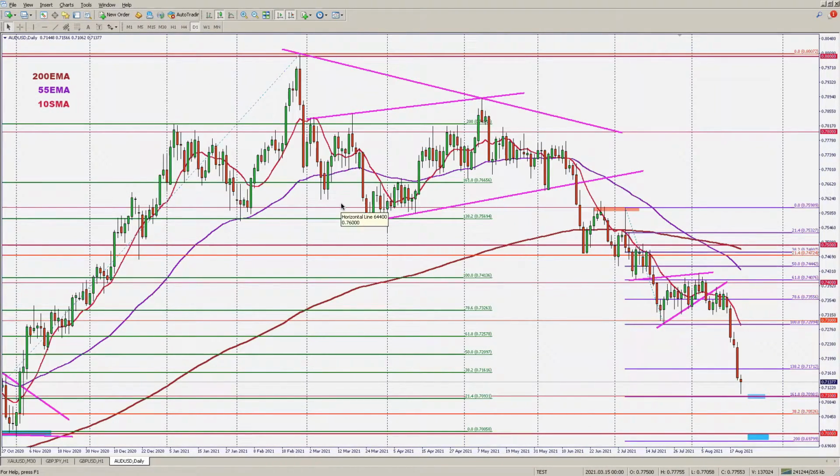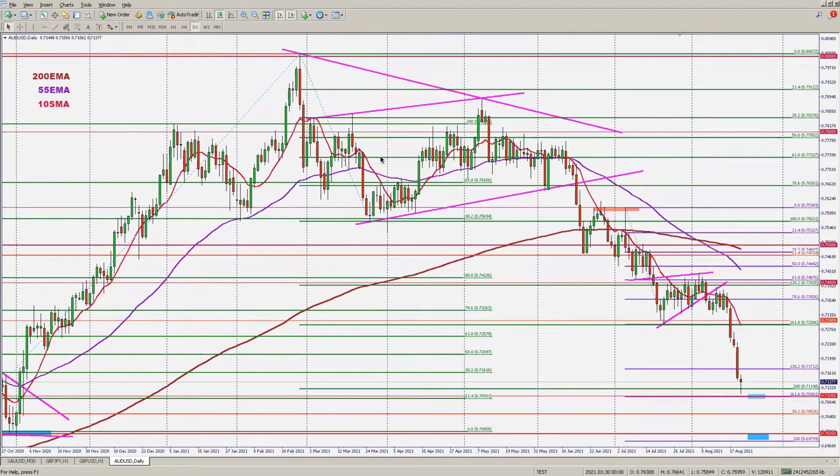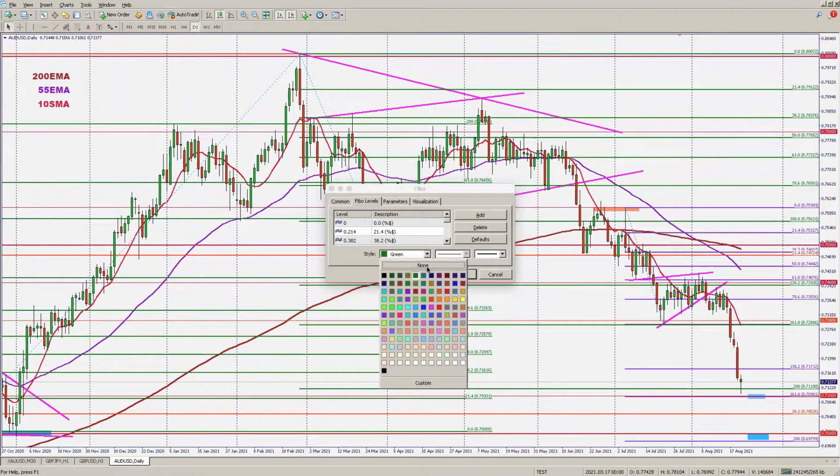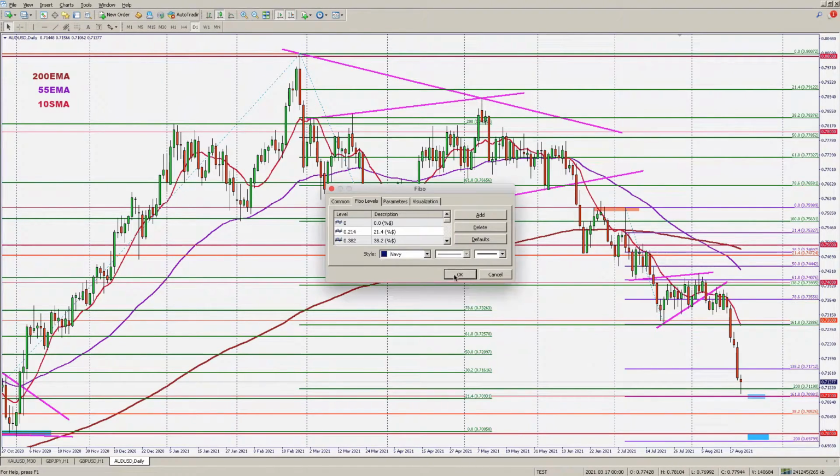Okay, so now let's draw another fib. This will be the fourth fib here, with the low right at this neckline. And let's change this to, running out of colors now, navy.